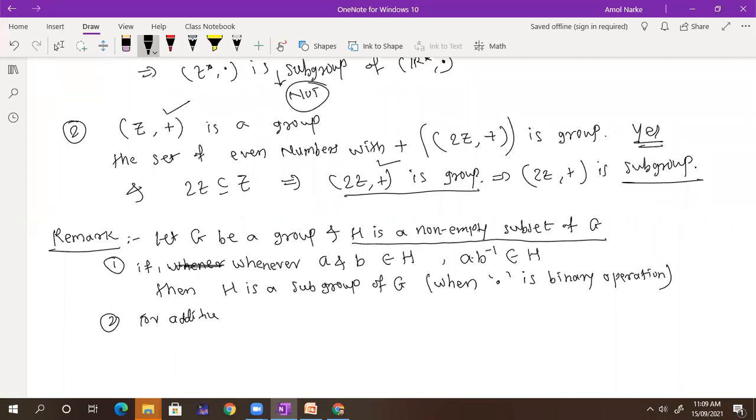And for the additive one, same: let G be a group and H a non-empty subset.